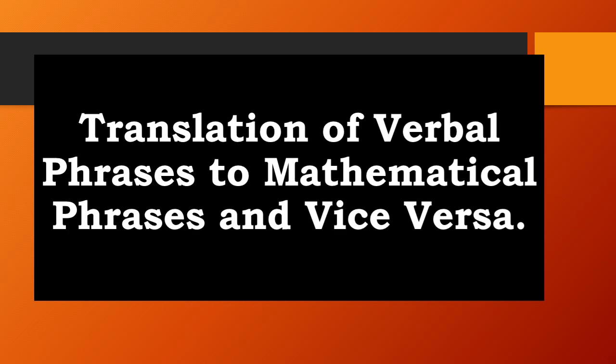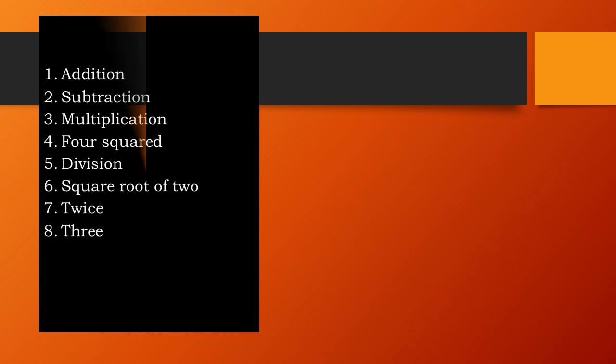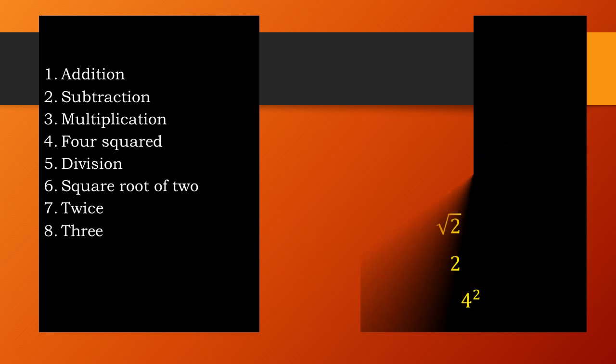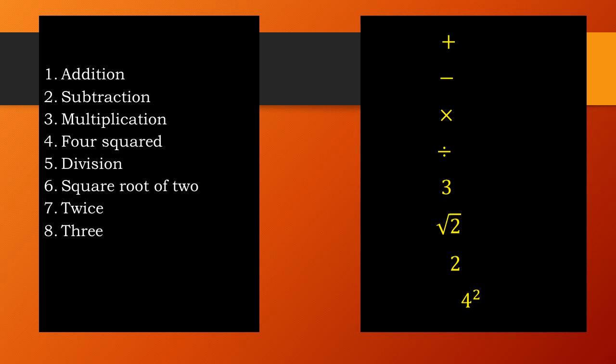Next, we have translation of verbal phrases to mathematical phrases and vice versa. Here we have addition, subtraction, multiplication, 4 squared, division, square root of 2, twice, and 3. So we are going to connect the expression of this to the symbol of that.